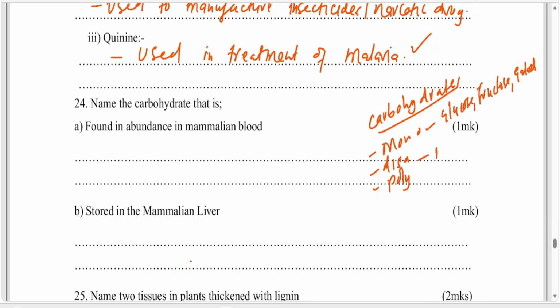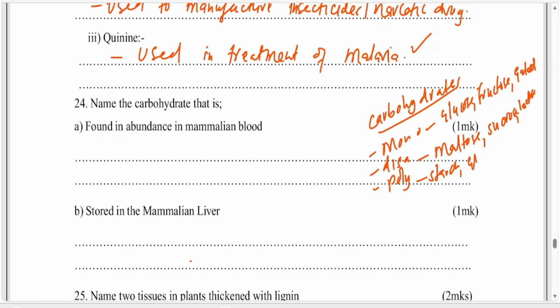In disaccharides, we have maltose, which is formed from a combination of 2 glucose molecules. We also have sucrose, which is formed from glucose and fructose, and lactose, which is from galactose and glucose. We have examples of polysaccharides like starch in plant tissues.